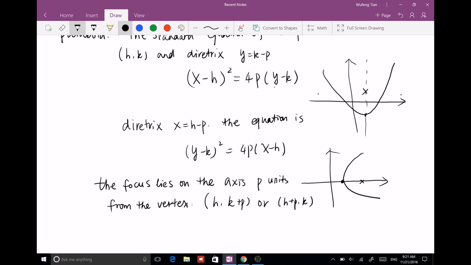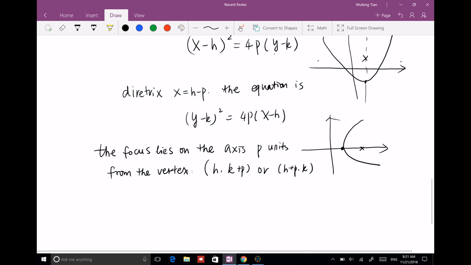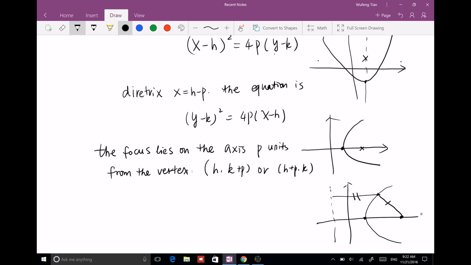For the parabola, there is a physics application. If this is the directrix and this is the parabola, the focus and the vertex have the same distance, so the vertex should be here. From the vertex, go to the function value; this distance and this distance are equal.